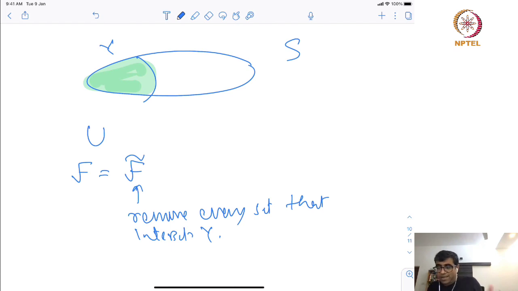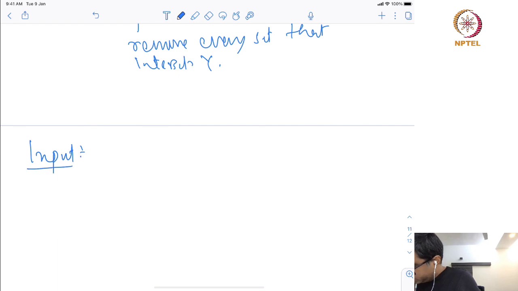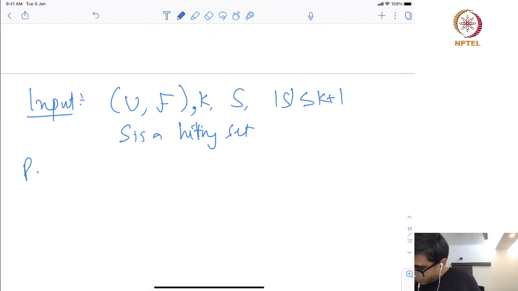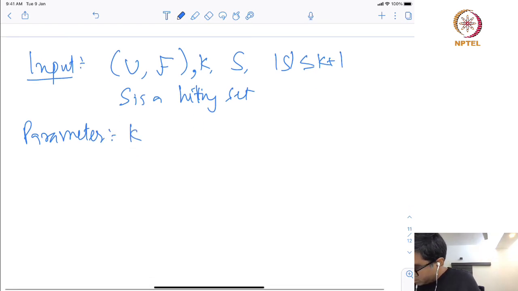It is not exactly like a graph, but it is more or less like a graph. So what is the disjoint version of the problem we will get? Input: U, F, k, and S with size of S at most k plus 1, where S is a hitting set. My parameter is k.